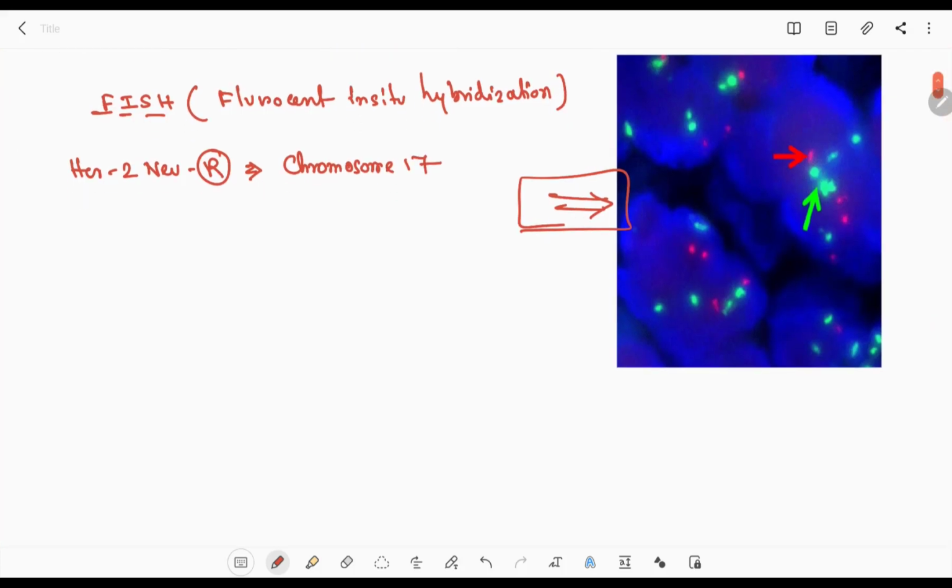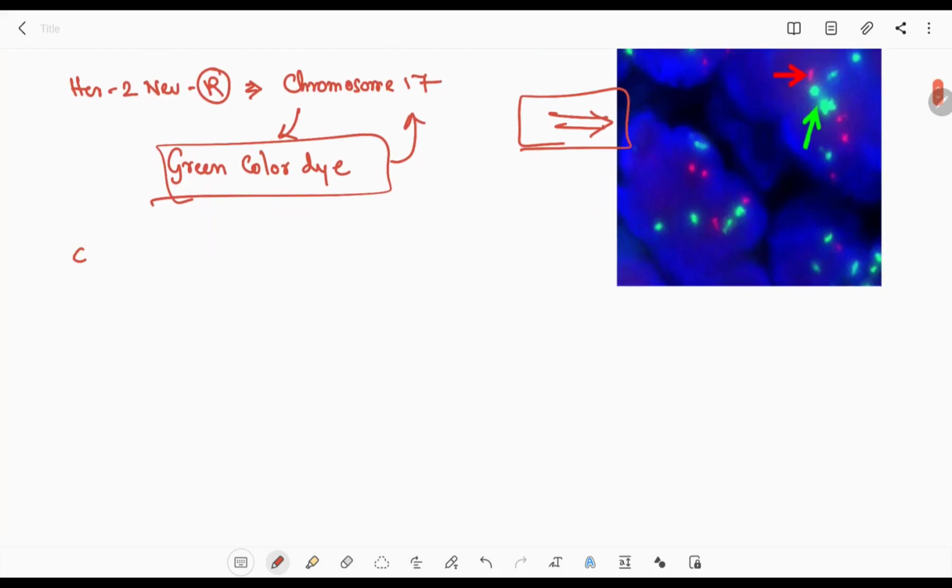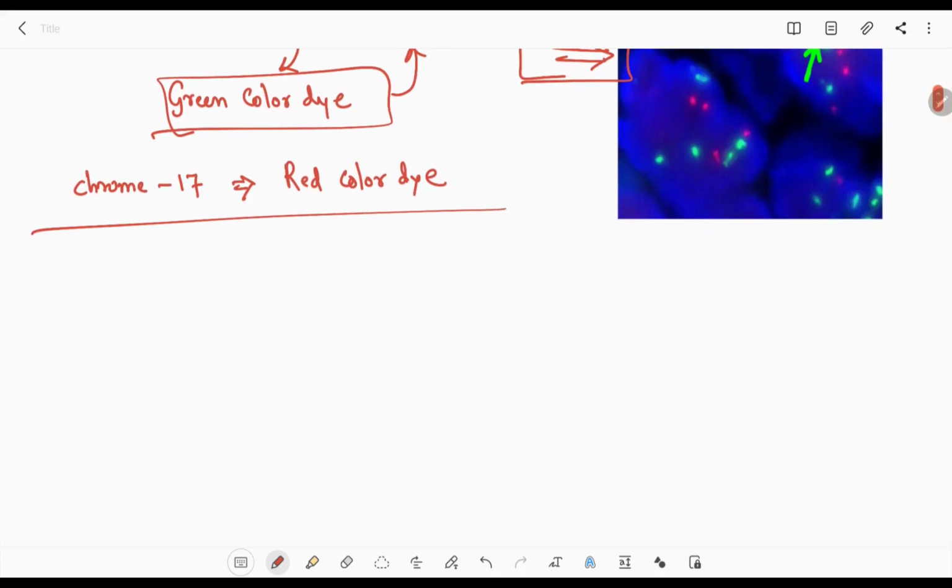We use a green dye to hybridize with the HER2 neu gene, and for chromosome number 17 we use a red fluorescent dye, hybridizing with the chromosome 17 centromere.